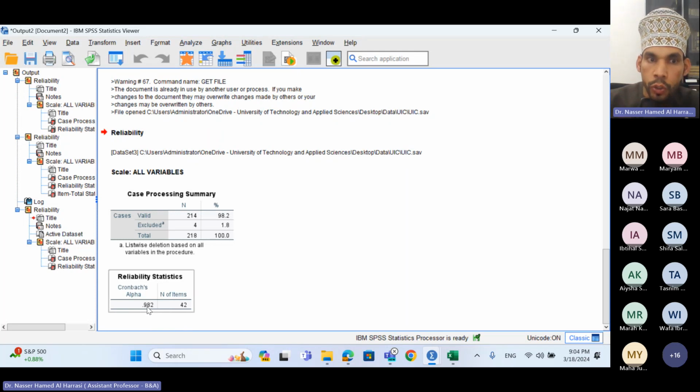It must be more than 0.7. Please make sure of that. If it is less than 0.7, that means there is an issue in your data set and you have to get more respondents and consult your supervisor to see what the problem is. But as I said, it must be more than 0.7.